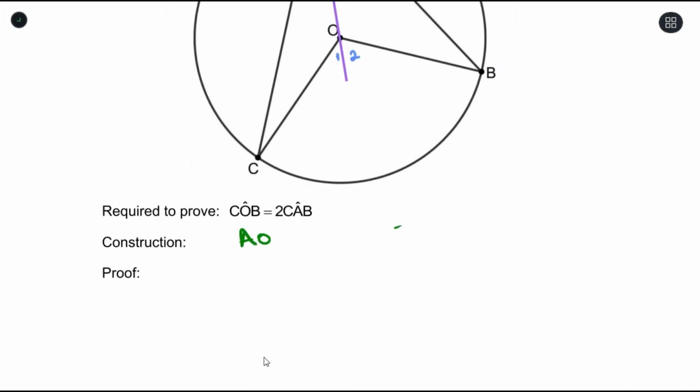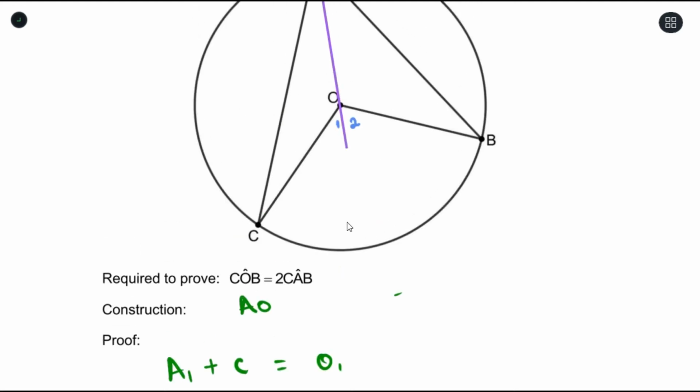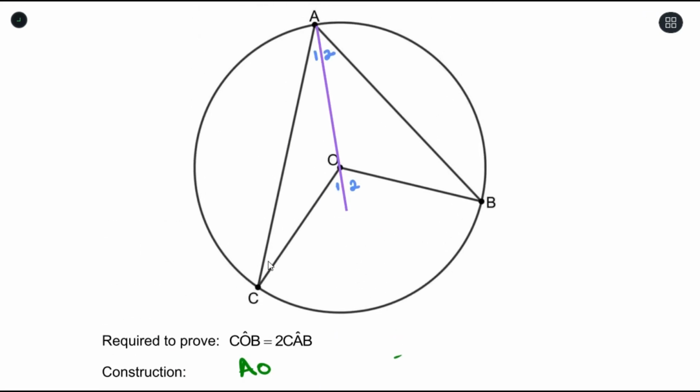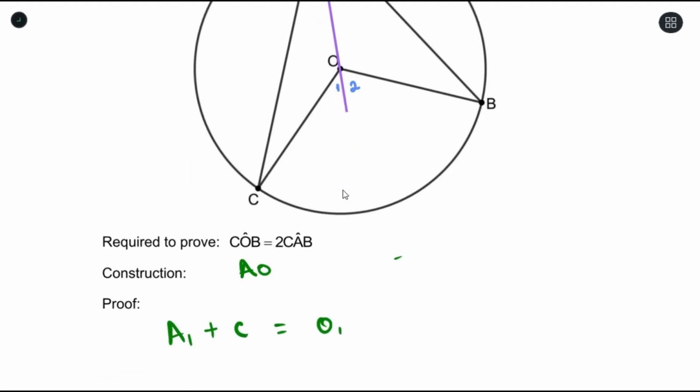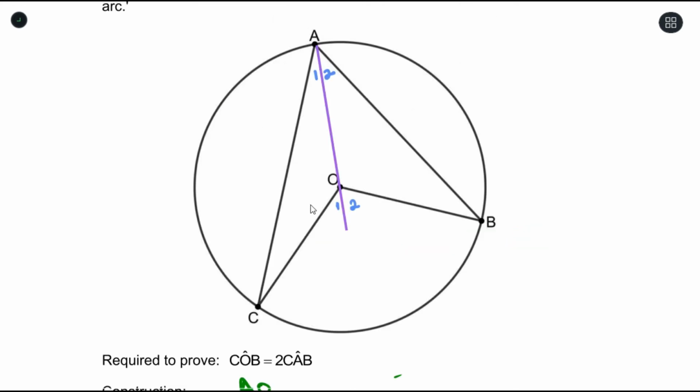The first thing that we could say is angle A1 plus C is equal to O1. The reason why we could say that is that it's an exterior angle of a triangle. The exterior angle of a triangle is equal to the sum of the opposite interior angles.